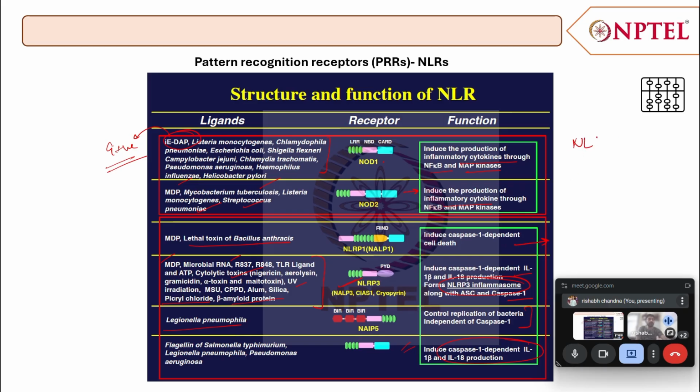Most of the NLRs use either caspase 1 dependent cell death or caspase 1 independent cell death. So this is how both types of NLRs function. Okay, so any doubts on this particular slide?